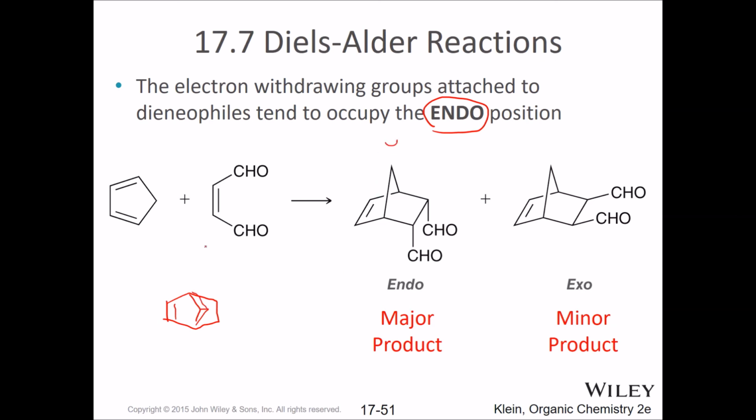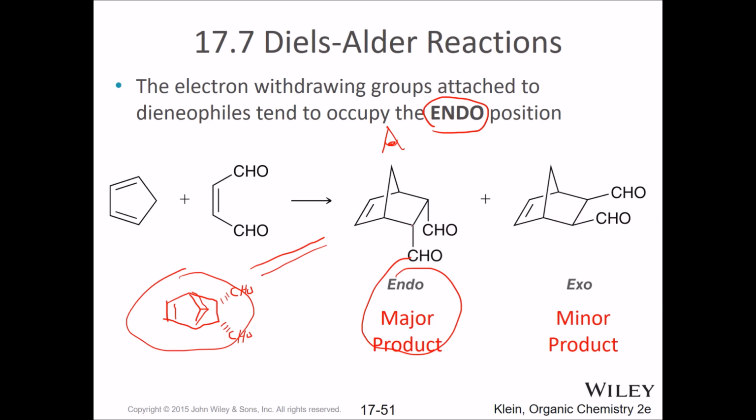If you've got an eyeball and you're looking down at it like that, then you'd see this structure here, okay? And then you've got this CHO going away, and CHO going away. These two are the same thing. Those two are the same. All right, so it turns out that the endo is the major product. And can you see that? You've got your electron withdrawing groups, and they're actually closer to the 2 carbon bridge. All right.